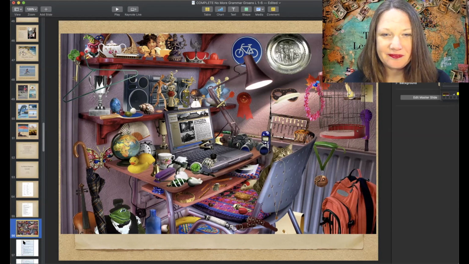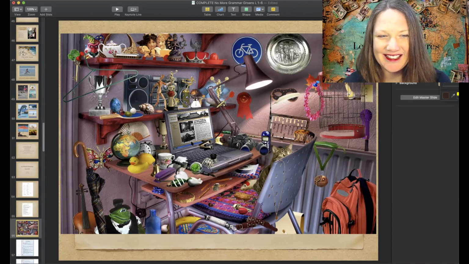Number 2. I spy something wooden. I spy something wooden that makes beautiful music.